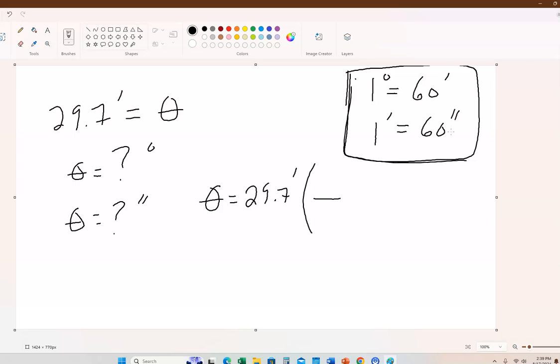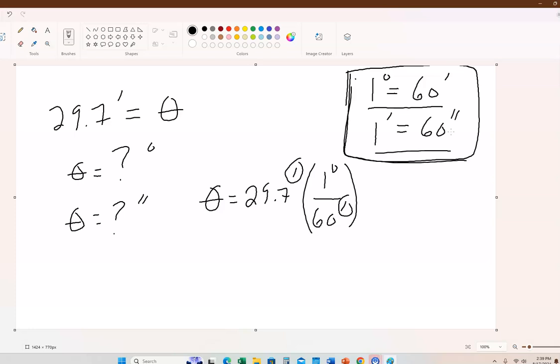I'm going to pick this conversion or this conversion. Since I'm going to degrees and I'm already in arc minutes, I'm going to choose the top one, which says that there are 60 arc minutes in 1 degree. This arc minutes here has to cancel this one, they must cancel each other.